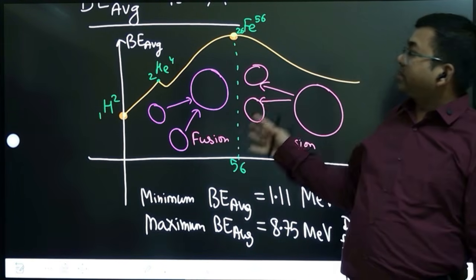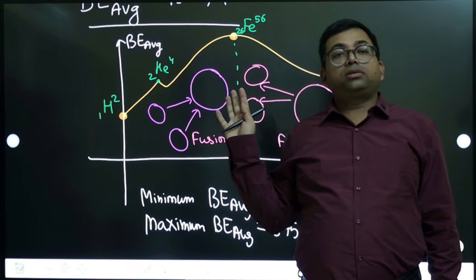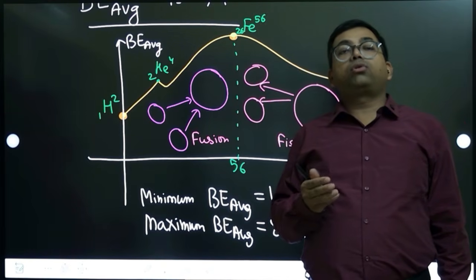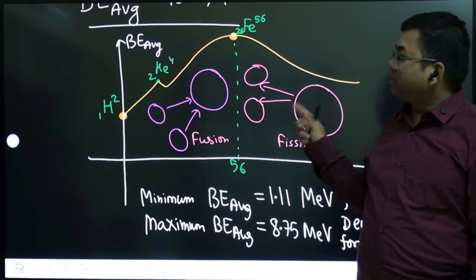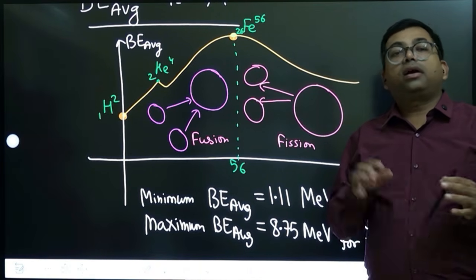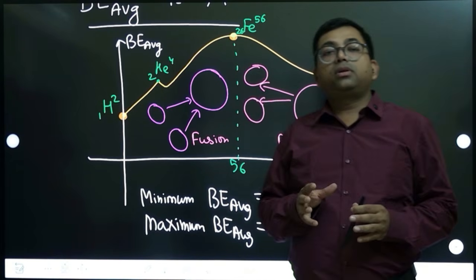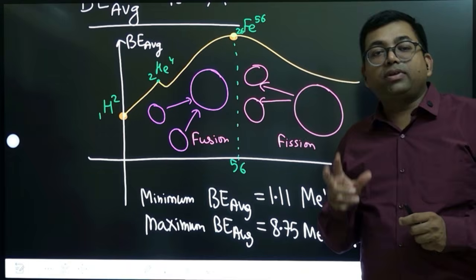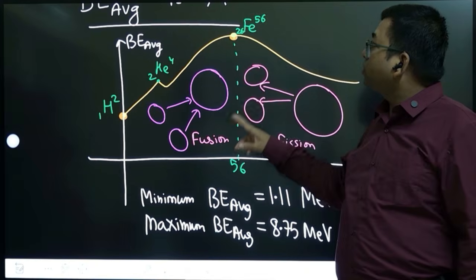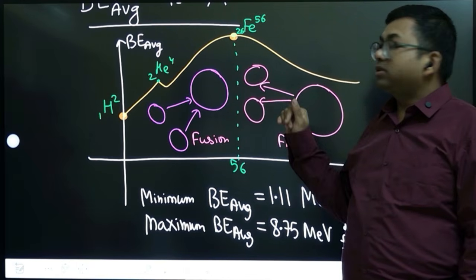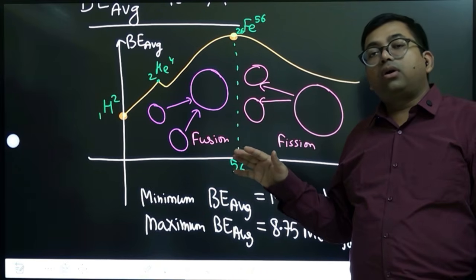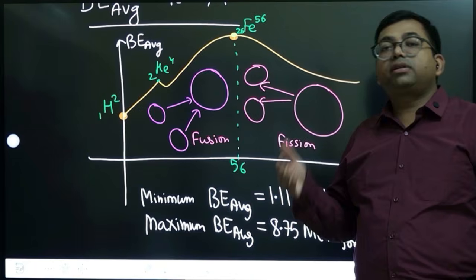They try to get more stability, they try to achieve more binding energy per nucleon, right? This graph is very important, it is also given in NCERT, and many questions have already come. Sometimes they check whether a reaction is spontaneous or not. For checking that, you need to see whether the reactions are moving towards iron, and whether energy is released or not.